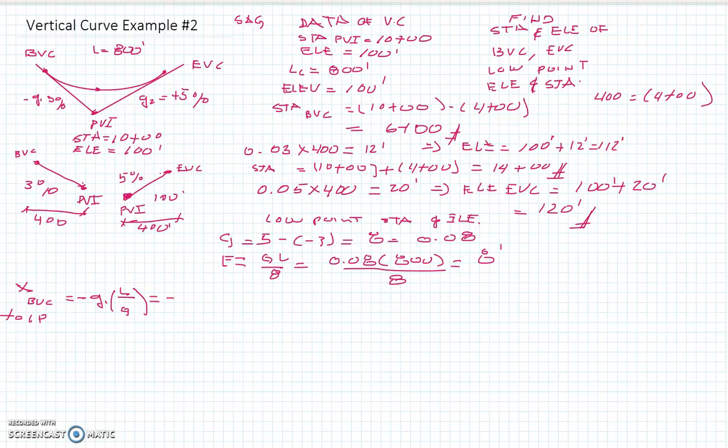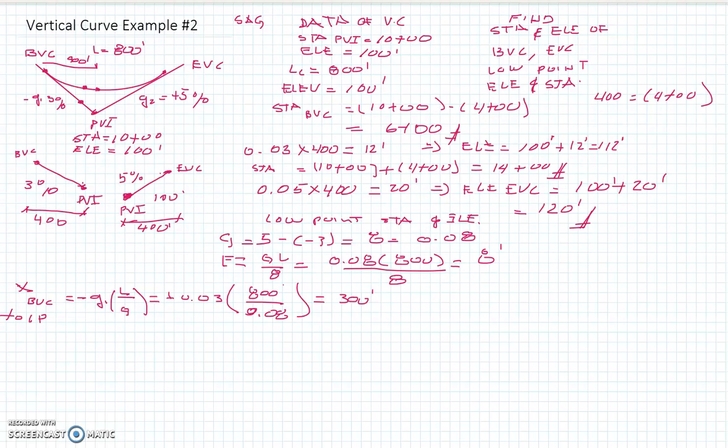Remember that g1 is minus 3, so it becomes plus 0.03 times 800, which is the length of my curve, divided by g, and g is 0.08, and this equals 300. So I have 400 to the middle of the curve, and from the beginning this point is 300. That means my low point is somewhere here, at 300.